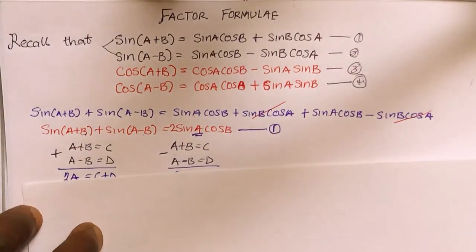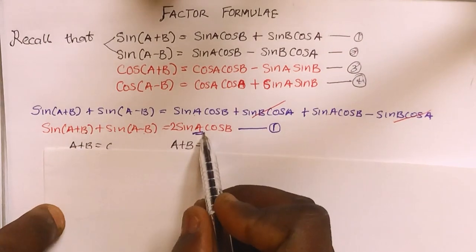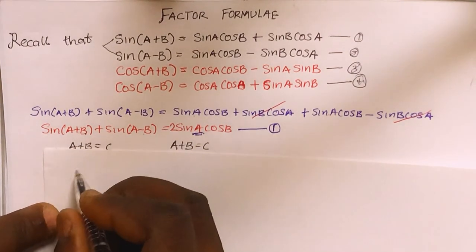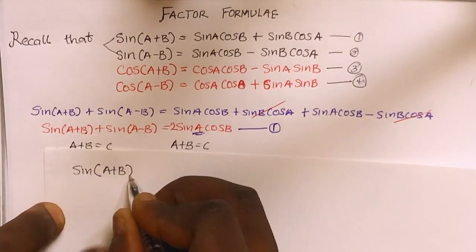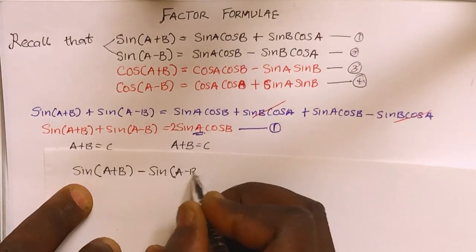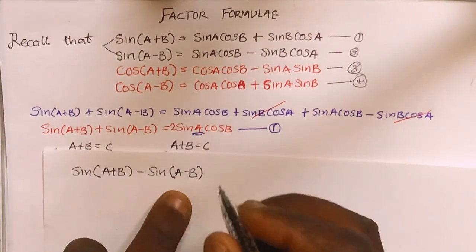Look at this. From equations 1 and 2, the first thing I did was to add them. The next thing I'm going to do now is to subtract. I'm going to take sine A plus B, then minus sine A minus B. Look at this. I added them first, and now I'm subtracting.